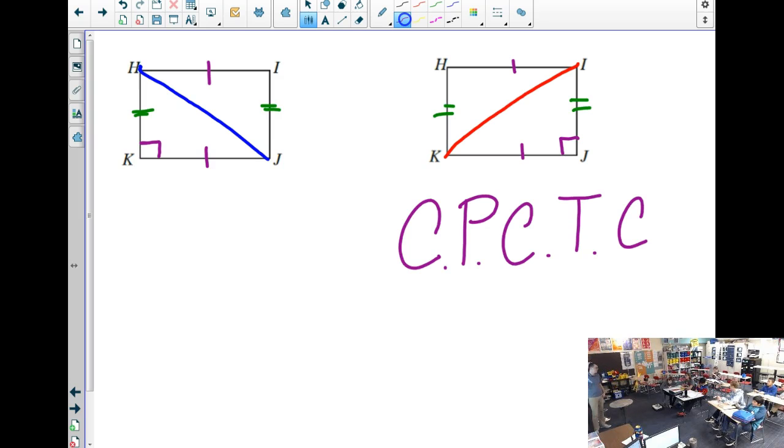So matching pieces of the same size. I'm trying to think of a synonym for triangle. Trigon. Corresponding parts of congruent trigons are congruent.